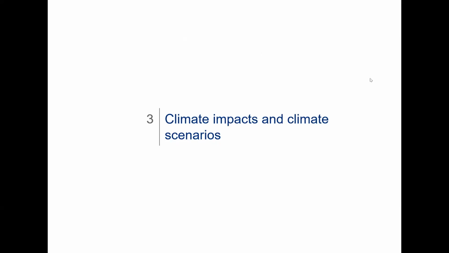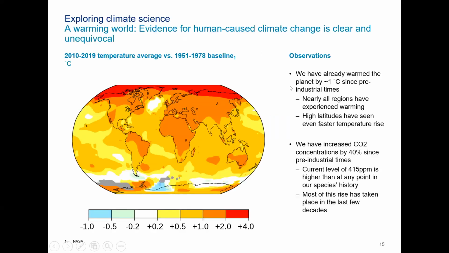The next piece is really talking about the 3 pillars themselves, and the first of those pillars being around climate impacts and climate scenarios. And so what we had done here was start off with the climate science and spend some time amongst the group exploring some of the specific ways in which the climate changes are likely to impact both institutions, different geographies, and different areas.